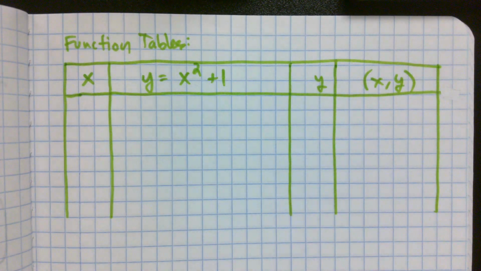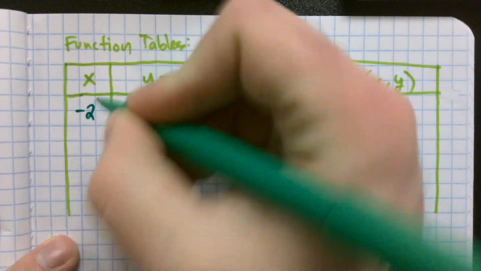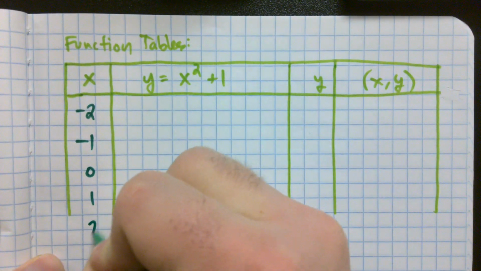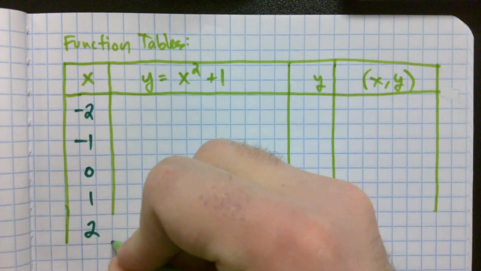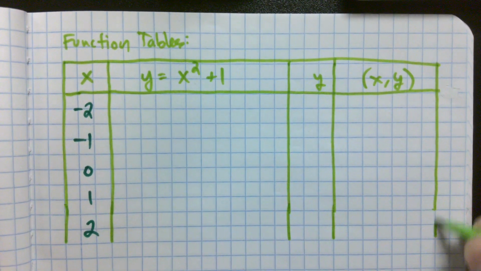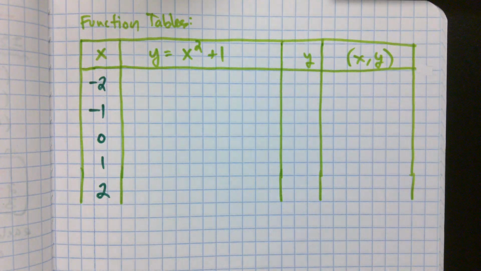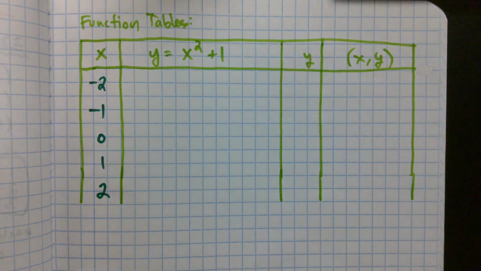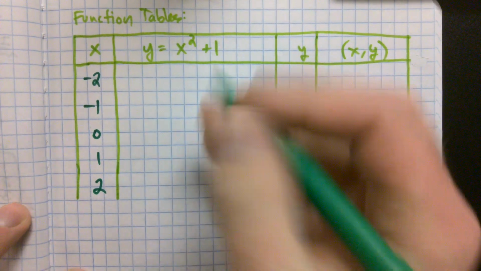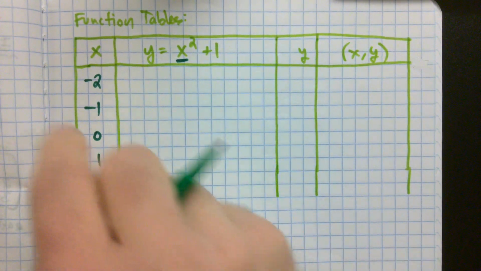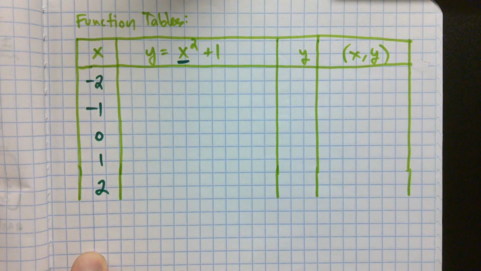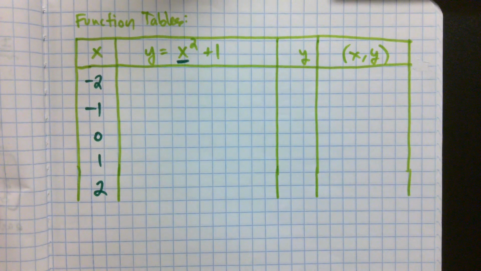So let's say I've got some x values of -2, -1, 0, 1, and 2. Table doesn't have to be perfect. Don't need to use a ruler or anything. Just like we saw in the warm-up, we're going to take my x value, plug in each of these 5 inputs, and we'll get an output of y.